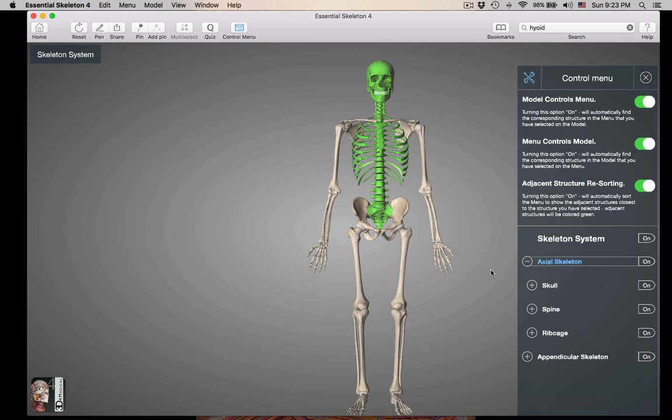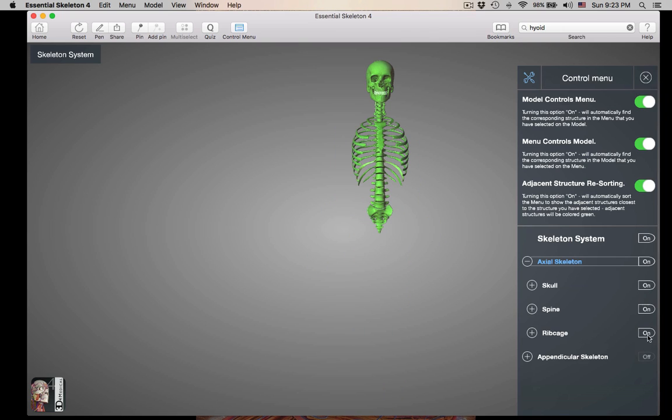The appendicular skeleton is everything else, and we'll be going through all the bones of the appendicular skeleton too. So we're going to get rid of the appendicular skeleton for now. Get rid of the rib cage, and let's get rid of the spine, and we are going to concentrate on the skull.